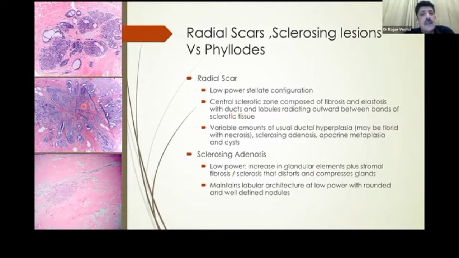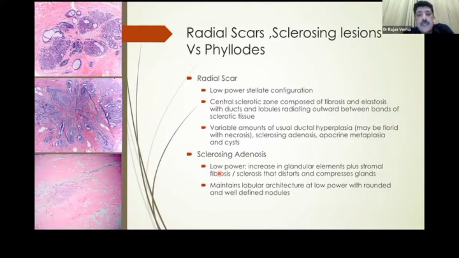There is a central sclerotic zone composed of fibrosis and elastosis, with ducts and lobules. These ducts and lobules can show various ductal hyperplasias, even florid hyperplasia with necrosis. You can have varying degrees of sclerosing adenosis, apocrine metaplasia, and cystic change. You can look at it and see the stellate pattern.